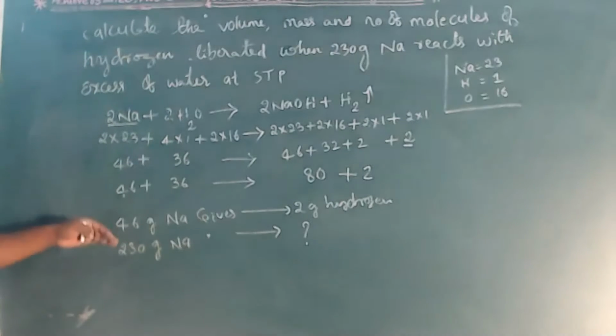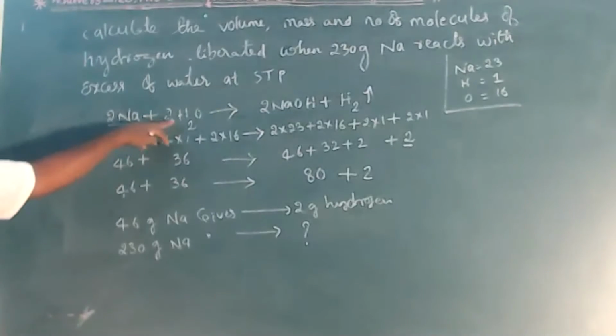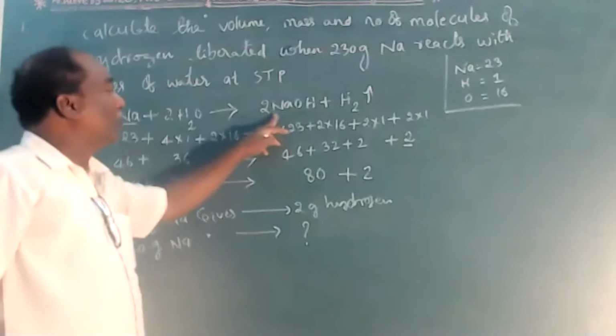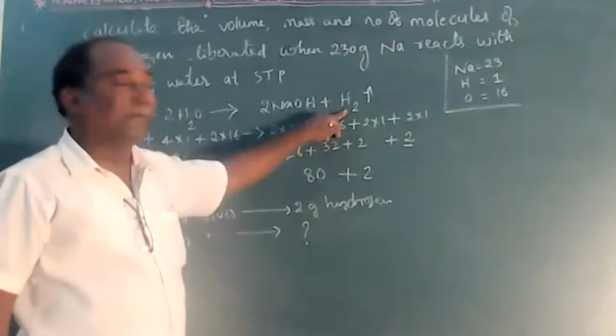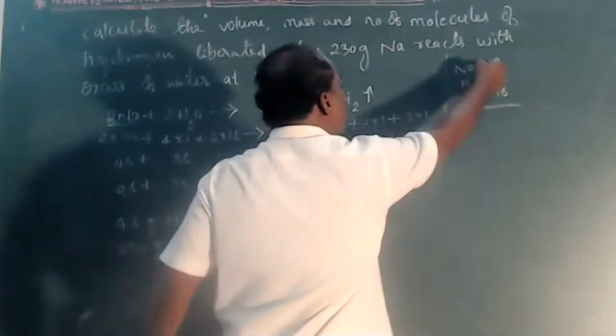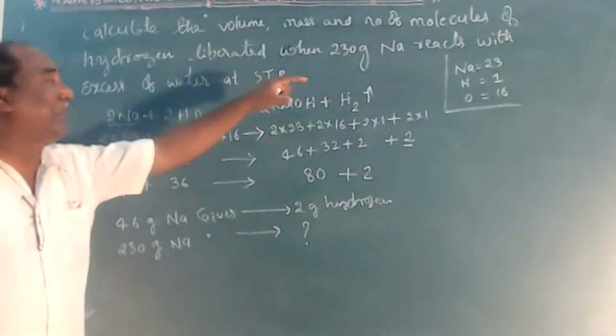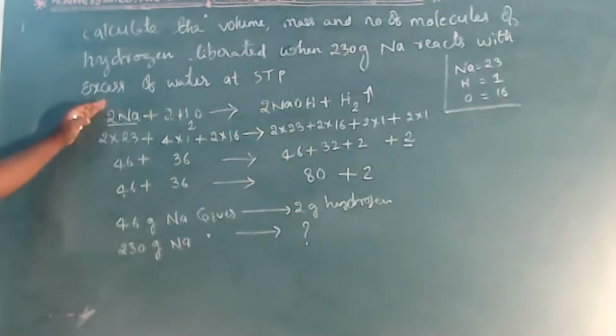According to the question, first we should balance the equation. It is the most important step. Sodium reacts with excess of water. It liberates sodium hydroxide and hydrogen. Sodium atomic weight is 23, hydrogen is 1, oxygen is 16. These atomic weights are substituted in the equation.